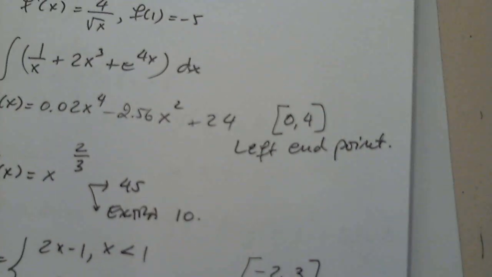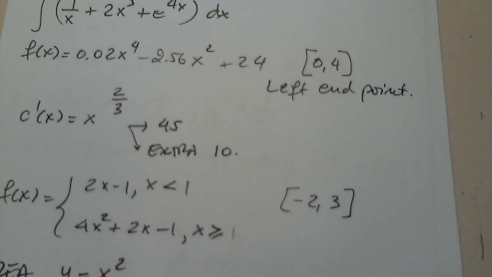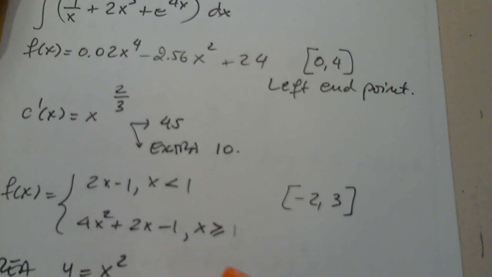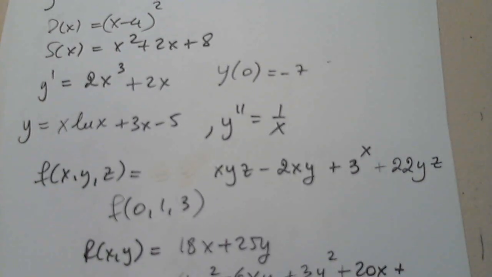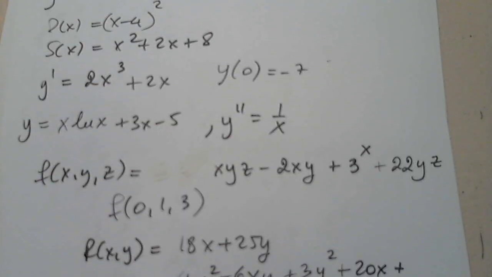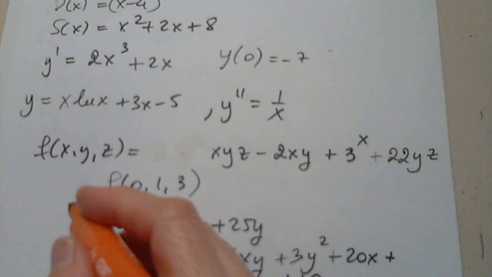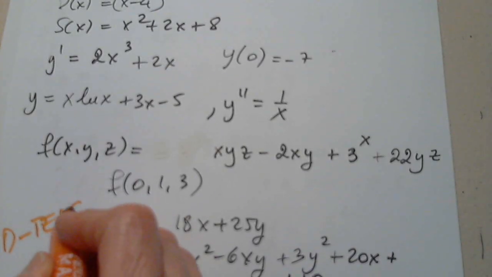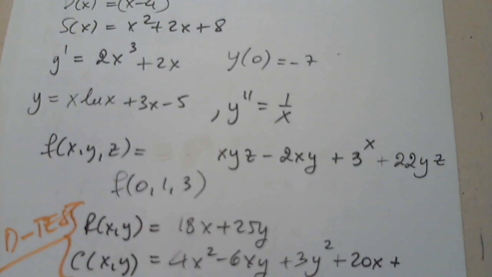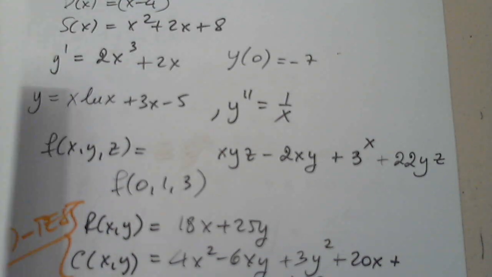So I have a list of questions here that I'd like to go over. Since we already worked on a problem, because I really want to finish all of them, I have this list. Because we already used the d-test, let's skip this one and just work on the rest.